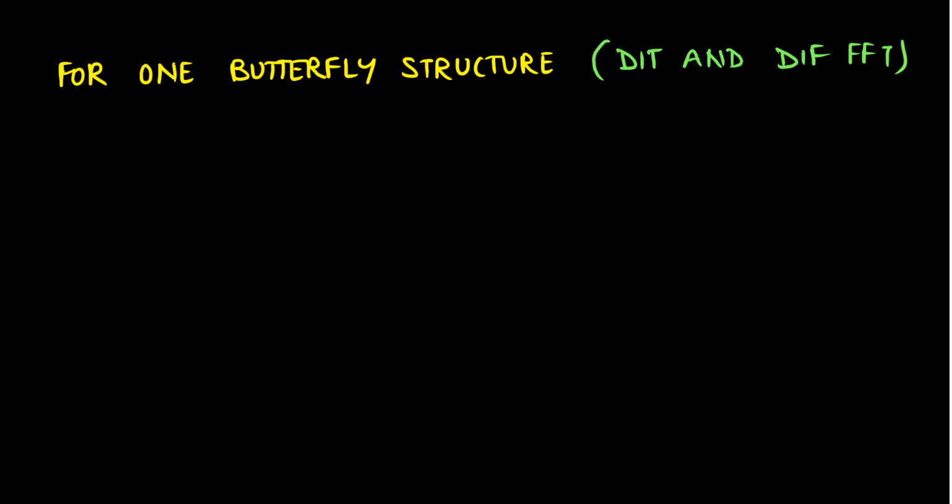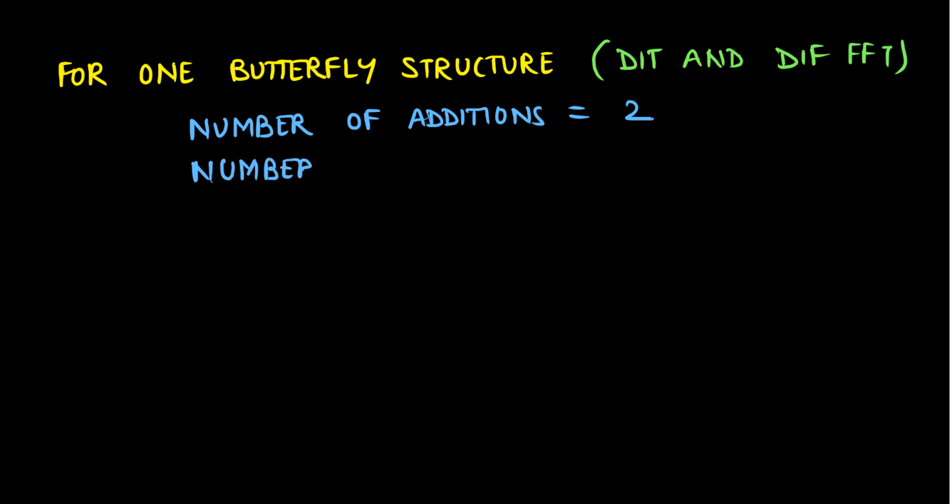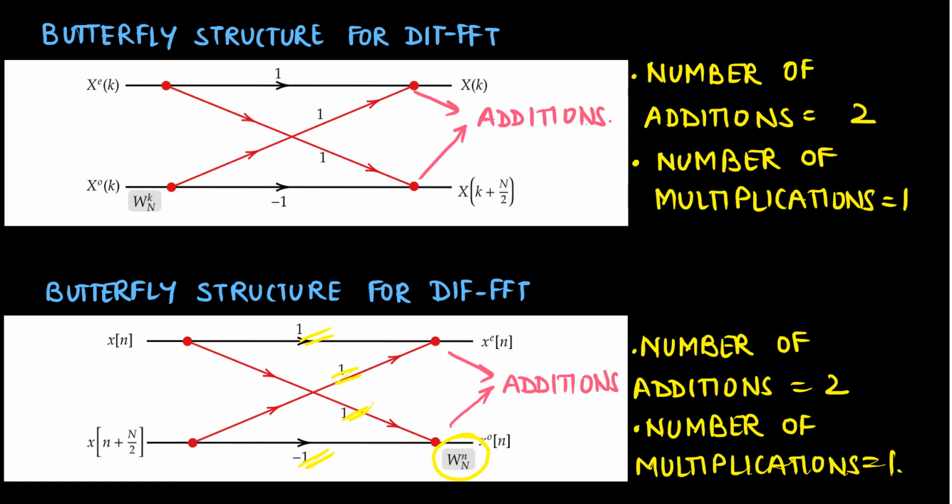We have the number of additions equal to 2 and the number of multiplications equal to 1. So this is what we have looked at here.